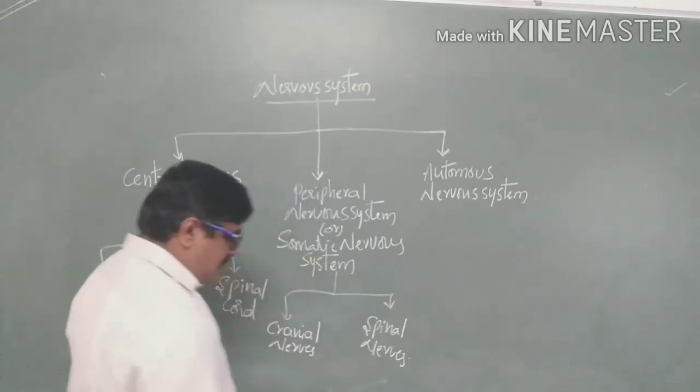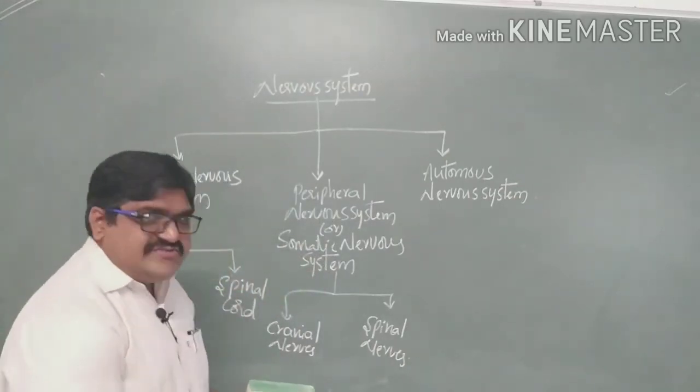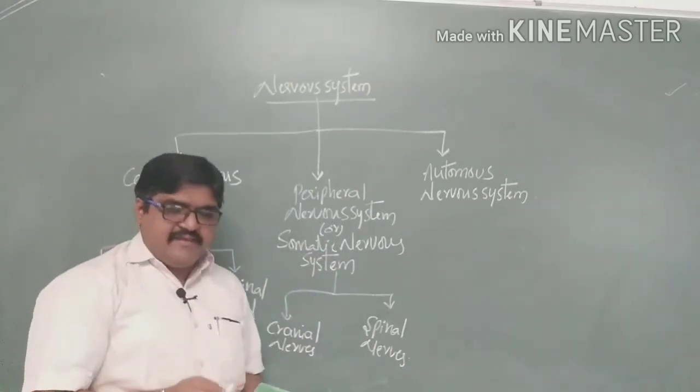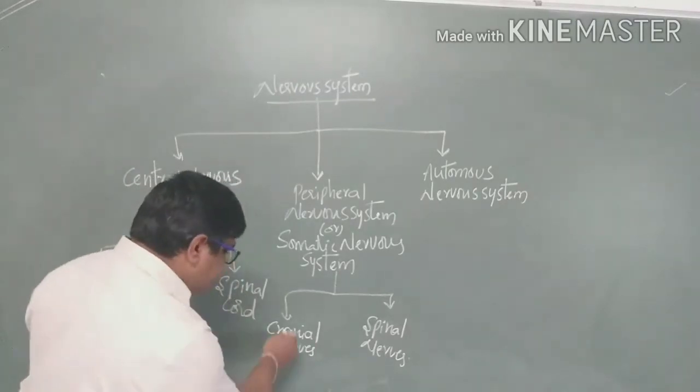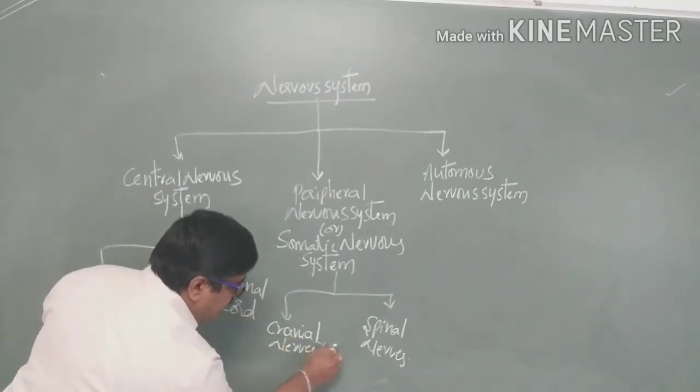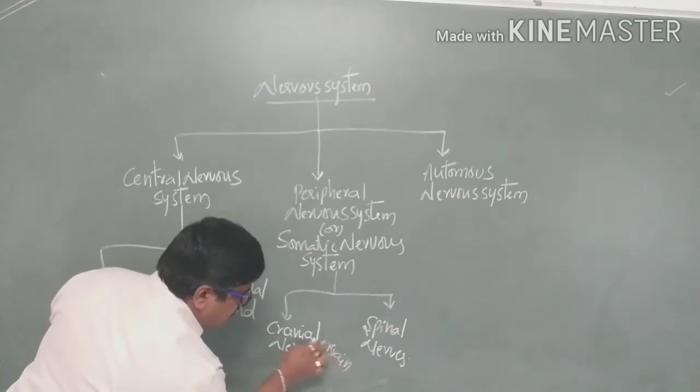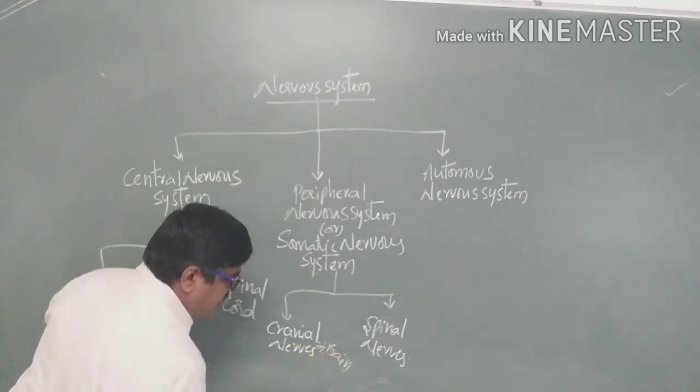So what are cranial nerves? The nerves which arise from the brain are called cranial nerves.